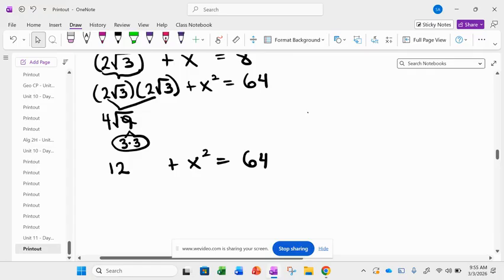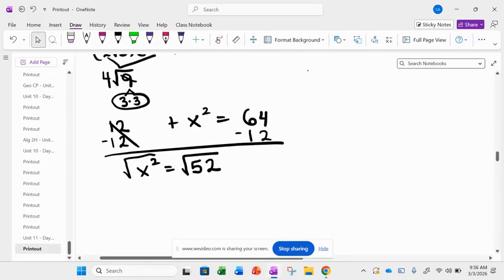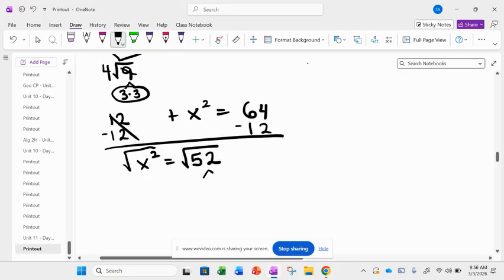Jack M, can I square root both sides now? What should I do? Subtract that 12. So we're going to have x squared is equal to 52. Now we square root. I can try to break the 52 because it's even.